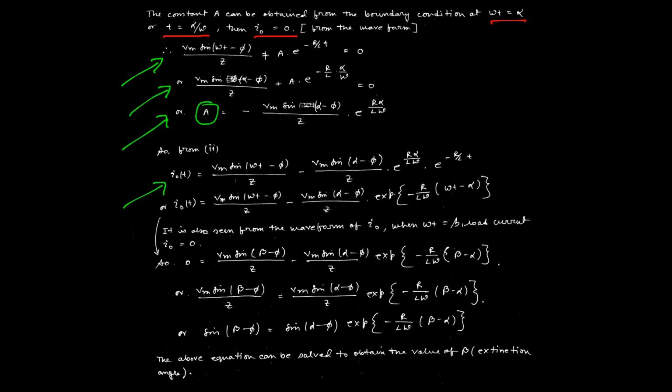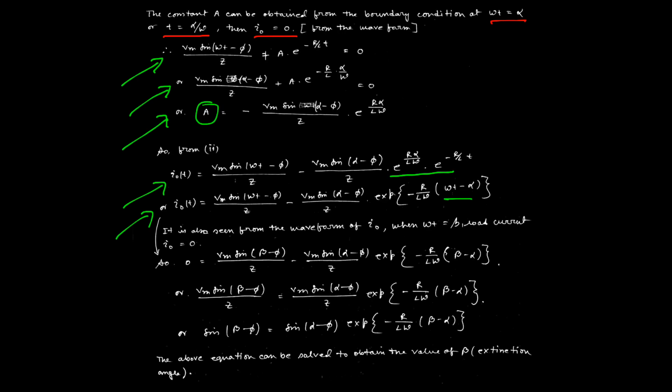After simplification, we can get the result, that is I0 of t equal to Vm sin (omega t minus alpha) by z minus Vm sin (alpha minus phi) by z, and this term can be expressed as exp, that means exponential term, under bracket minus r by l omega, that is the common part, then the remaining part is defined by the first bracket, that is (omega t minus alpha).